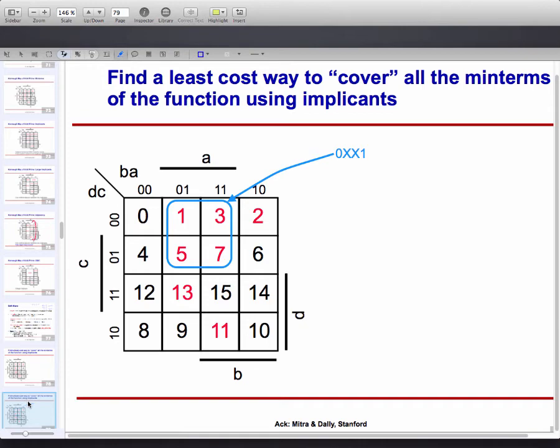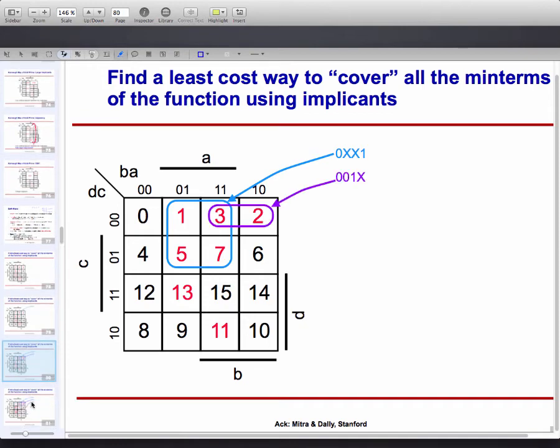Then we start looking at edges. Our goal now is to find edges which cover cells that have not already been covered. So we can take this edge, it covers 2, and that edge is 0, 0, 1x because A is changing, the other 3 are constant.